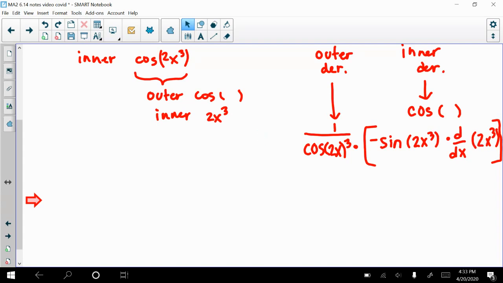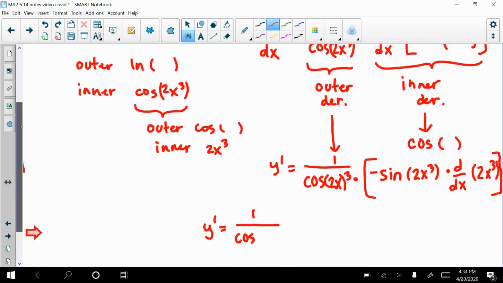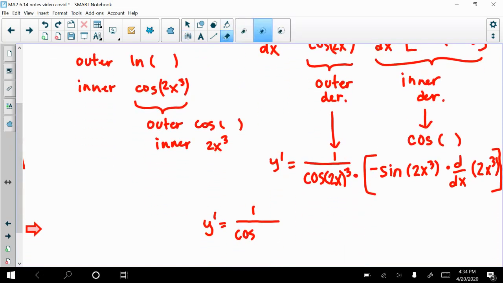So y, oops, I'm off pen, sorry. Okay, so y prime is, I'm going to move this over. I just know I'm not going to have enough room. There we go. Y prime is 1 over cosine, I just realized I'm not sure why I wrote that. The x cubed is supposed to be in there with that.